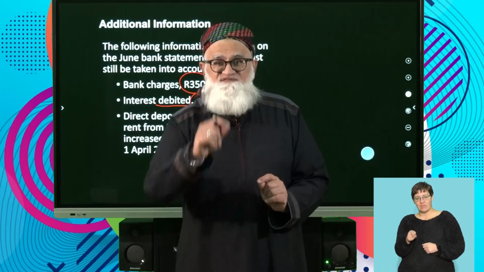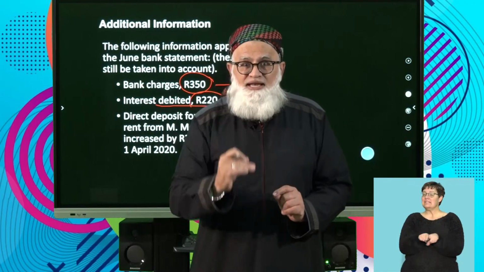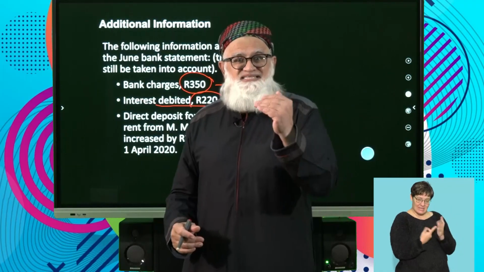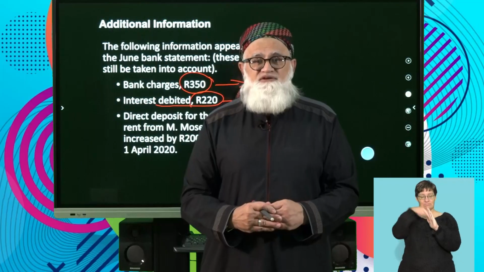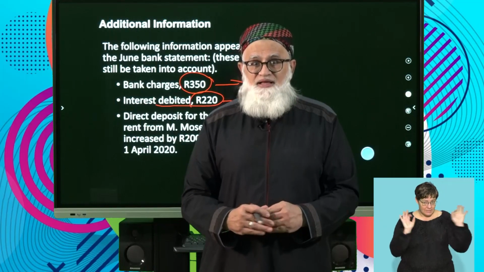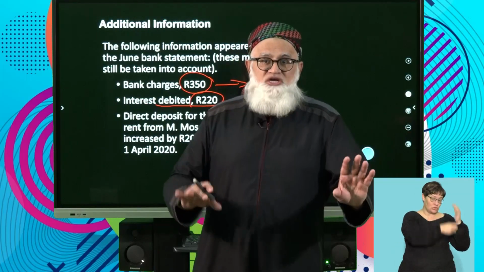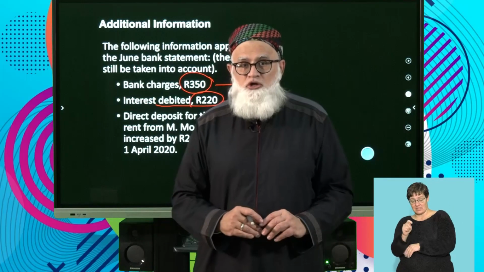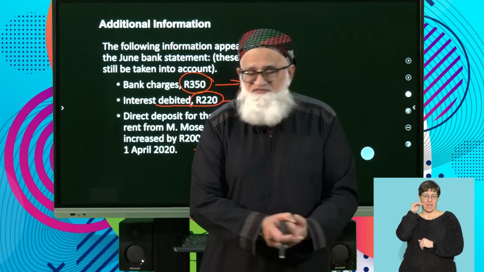Rather, it is a financing expense, and therefore it appears as a separate item at the bottom of your statement of comprehensive income. Clear? I hope that is crystal clear to you. So keep your bank charges separate from your interest on overdraft. But for calculation purposes, all of them are decreasing your bank figure.